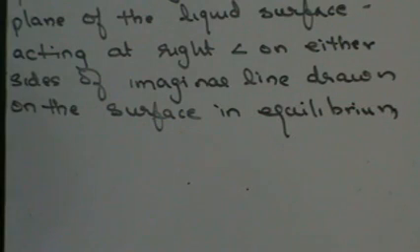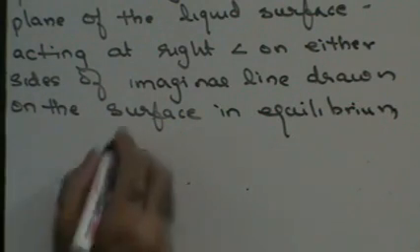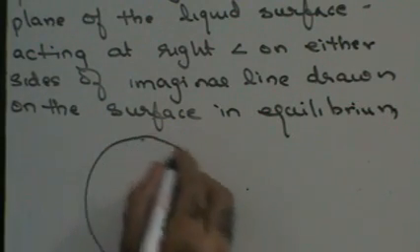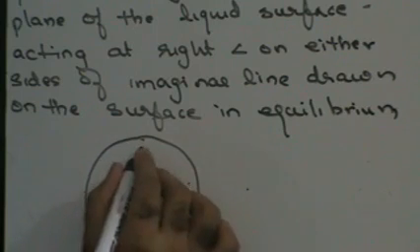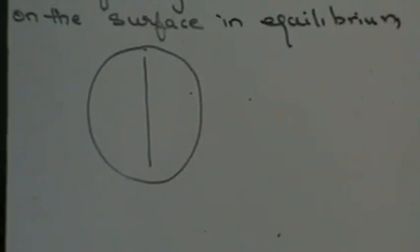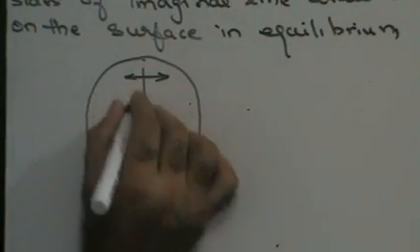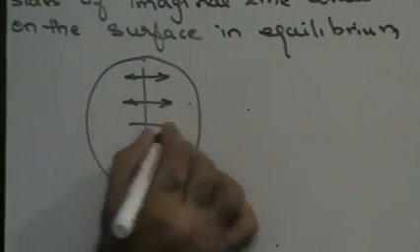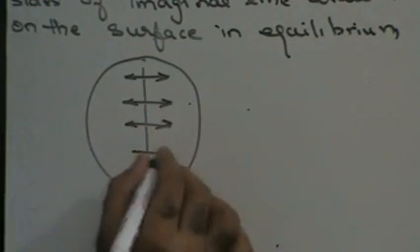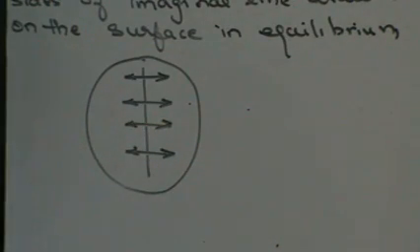Right? That means what is surface tension? Suppose this is my surface of the liquid, say this is the imaginary line drawn on the surface of the liquid, then it is the tangential force which is acting at right angles to the imaginary line drawn on the surface of the liquid.